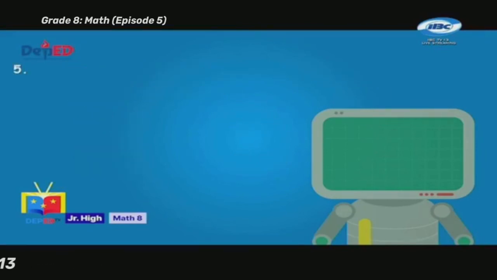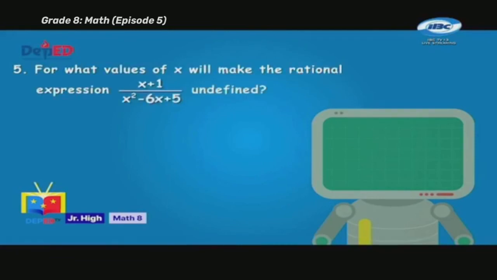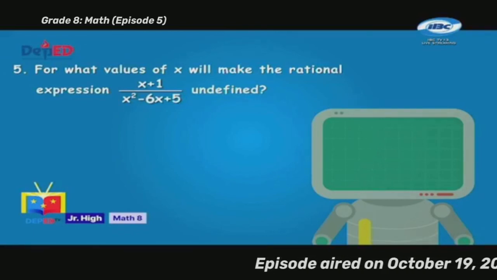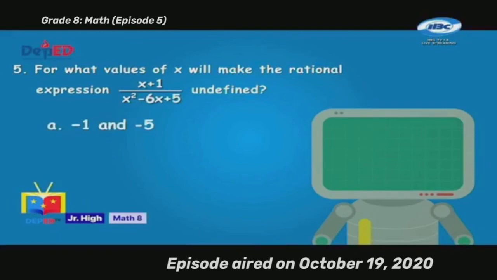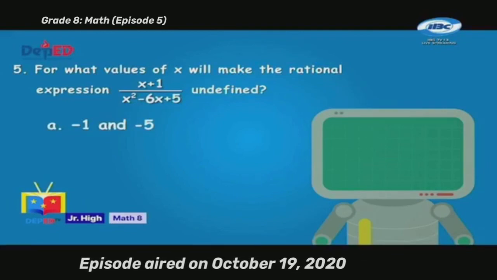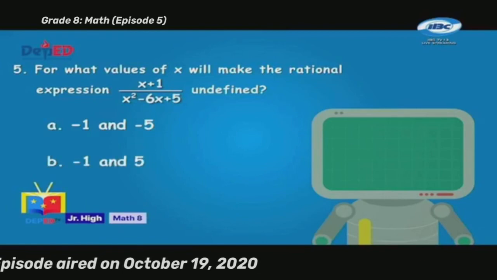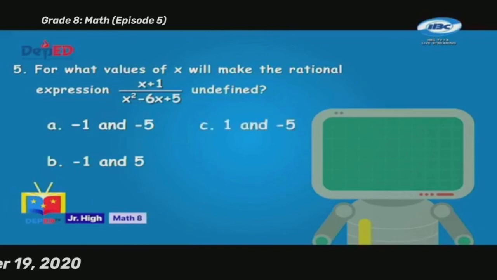Number 5. For what values of x will make the rational expression x plus 1 all over x squared minus 6x plus 5 undefined? Is it A, -1 and -5, B, -1 and +5, C, +1 and -5, or D, +1 and +5?